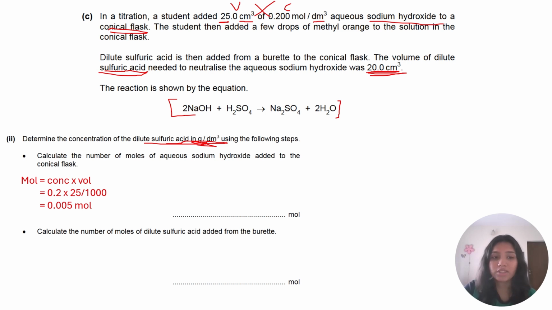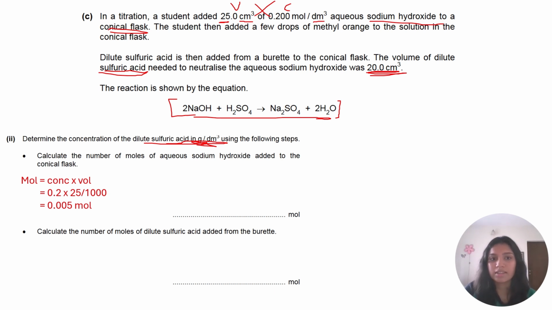Now the next question is: calculate the number of moles of dilute sulfuric acid added from the burette. These questions are really easy to get confused on. All you need to understand is that they've given you the equation and you need to use it. When they give you no information about the concentration of a reagent, only its volume, but you have the moles of another reagent in the reaction, you need to use the equation.